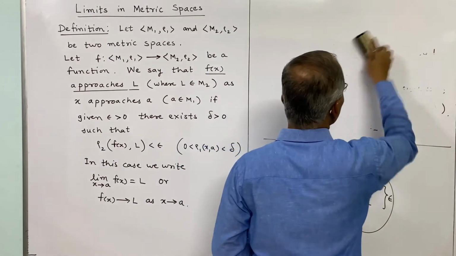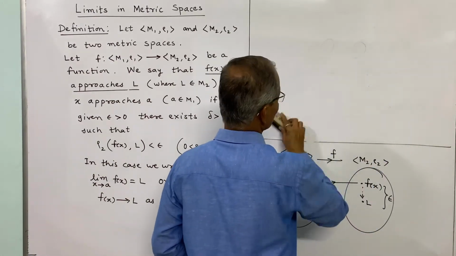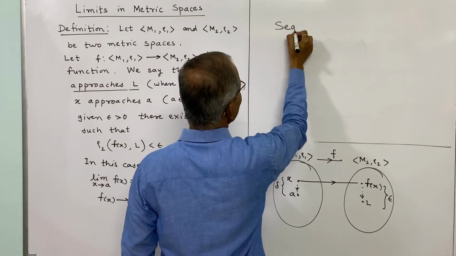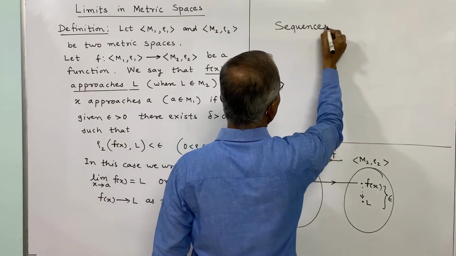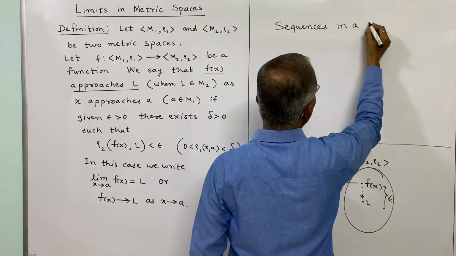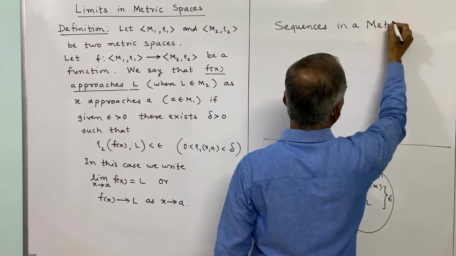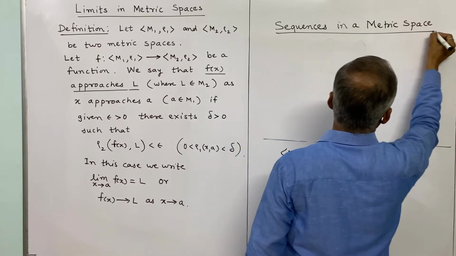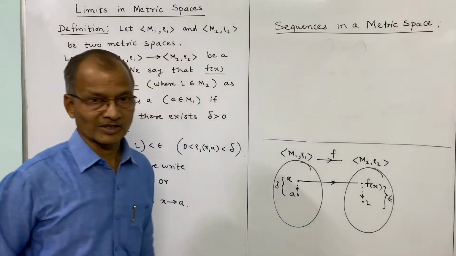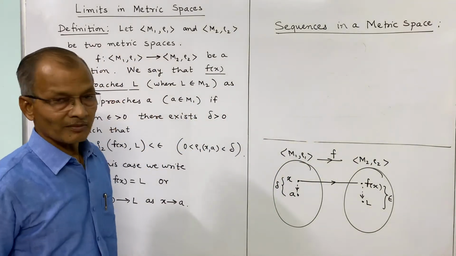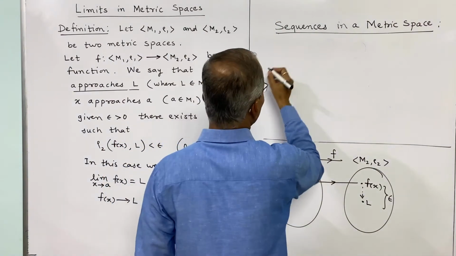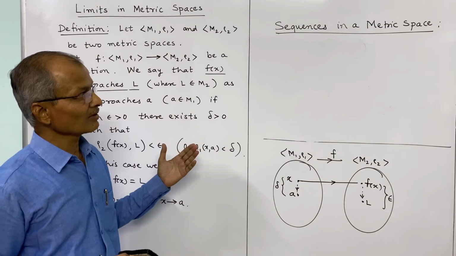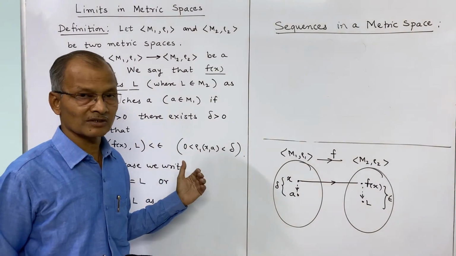Now we shall consider sequences in metric space. So a sequence in metric space M is a function. We know the sequence. What is the difference from the earlier sequences? We have considered sequences of real numbers.